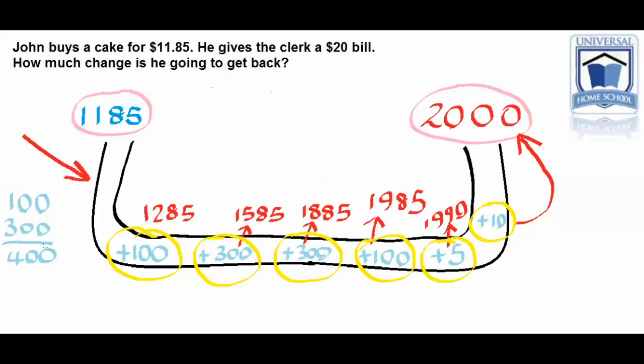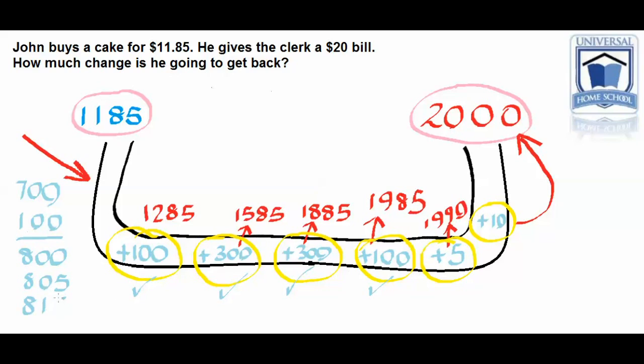That's 400. Let's check mark the ones I've completed. Add another 300. It's going to get me 700. Okay, I'm going to add the 100. It's going to get me 800.